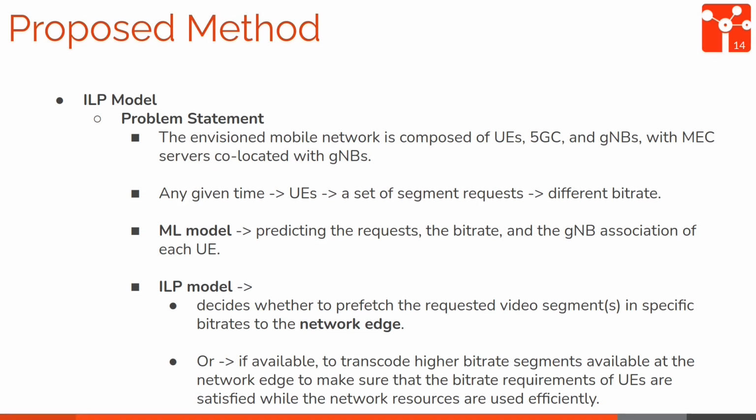After obtaining the prediction results from the machine learning model, the integer linear programming model will decide whether to prefetch the requested video segment at a specific bitrate to the network edge, or, if available, to transcode higher bitrate segments available at the network edge, to make sure that the bitrate requirements of the user equipments are satisfied while network resources are used efficiently.